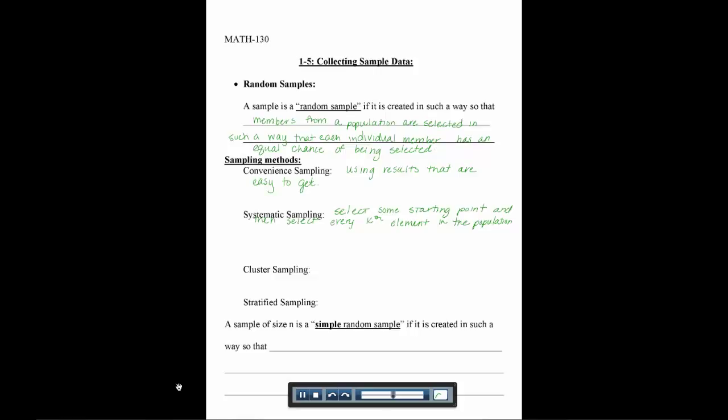Okay, cluster sampling. You divide the population into sections. Okay, then you randomly select some of the sections and survey every member in that section.